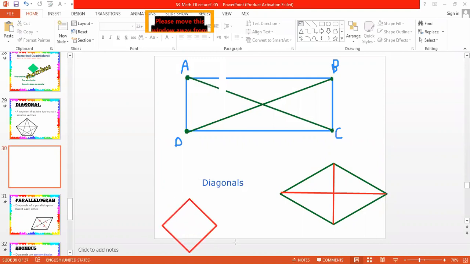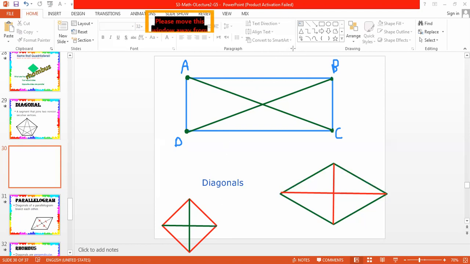I'm going to join the vertices with each other. So this is a vertex, this is a diagonal, and this is a diagonal. If you look at these quadrilaterals, how many diagonals do we have in each drawing? Two. So all the quadrilaterals have only 2 diagonals.